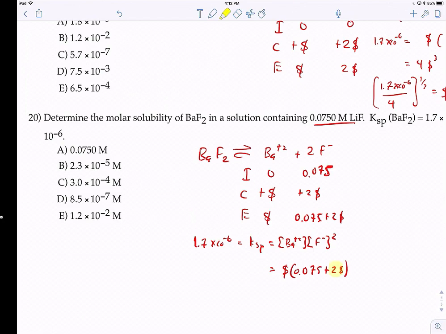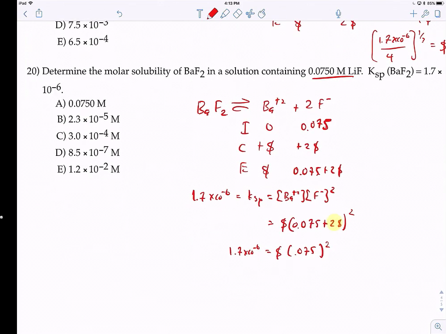You can discount that plus 2s because it's negligible; you can neglect it because it's tiny. So it equals solubility times 0.075 squared, and then 1.7 times 10 to the minus 6 over 0.075 squared is equal to the molar solubility. And we're done, with 2 minutes to spare.